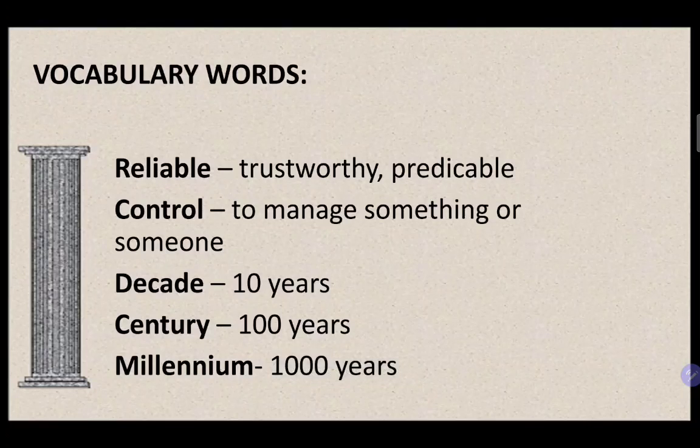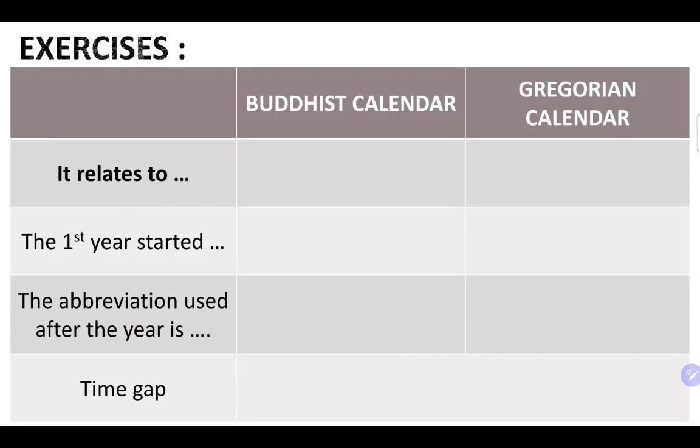So let's proceed. Before we end our topic, we will have a short exercise. We have two categories here, Buddhist calendar and Gregorian calendar. I will read the sentence and you will tell me the answer.